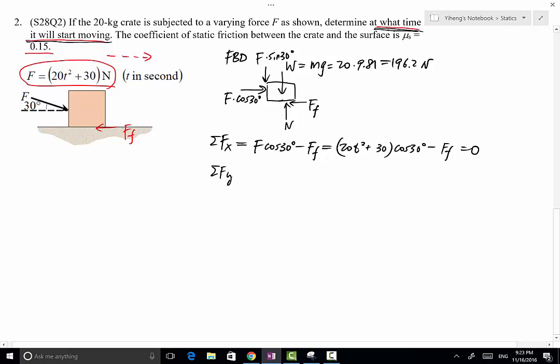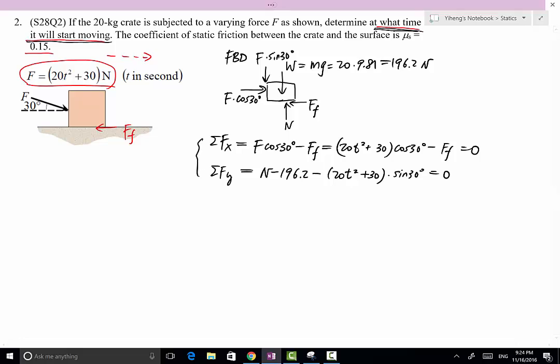Resultant force along the y direction equals, we have normal force minus the weight force, 196.2, minus the applied force vertical component, that is F sine 30 degrees, so 20t squared plus 30 times sine 30 degrees, and that is also 0.